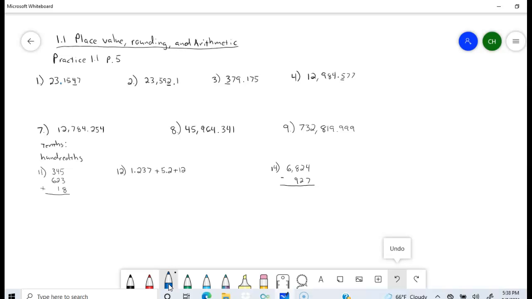So the 4 is going to be in the, A, it's in the thousandths location, and B, its value is 4 thousandths.